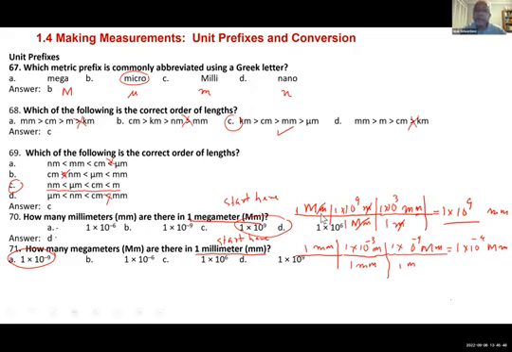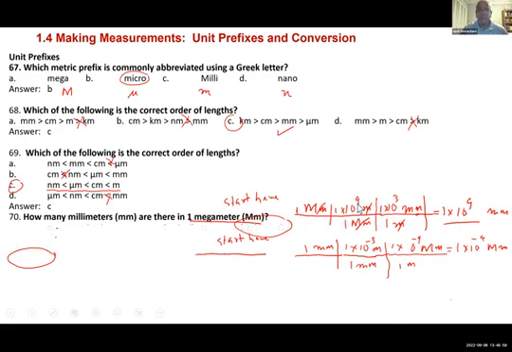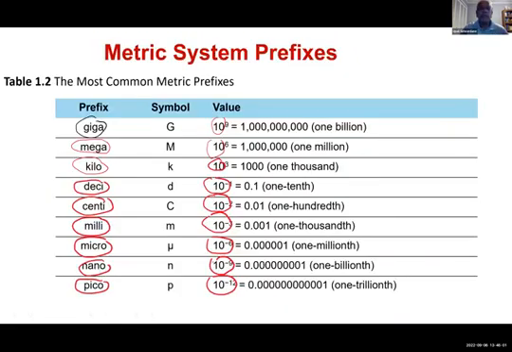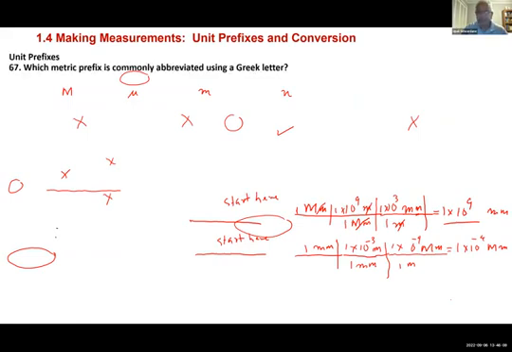Okay, let me look at it. 10 to the 9 here. Let me go back to the mega. Mega is 10 to the 6. You see that I made a mistake there. Mega is 10 to the 6.